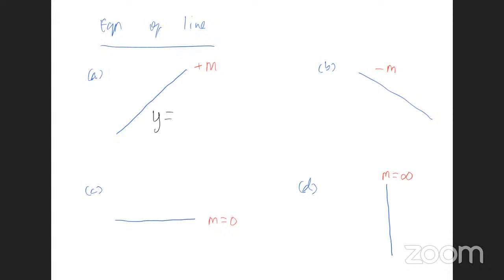Y is equal to positive mx plus c. Next one will look like this: y is equal to minus mx plus c. Third, there's no gradient, right? There's no gradient, so what's the equation? If the general form for equation is y is mx plus c, what do you think will be the equation for example C?